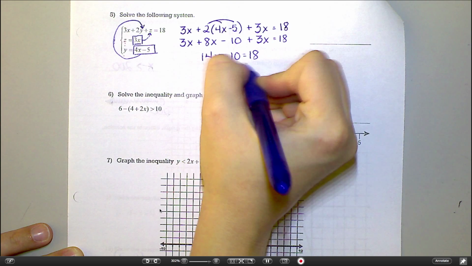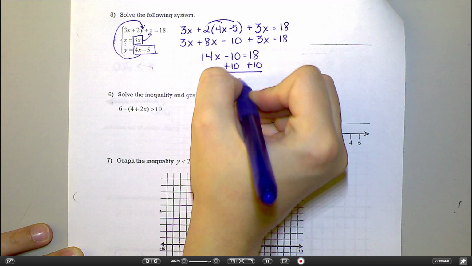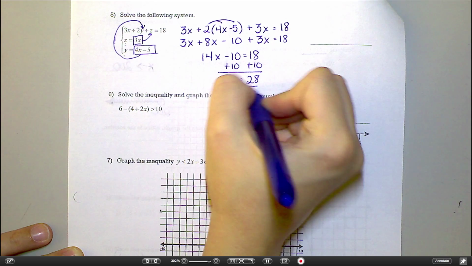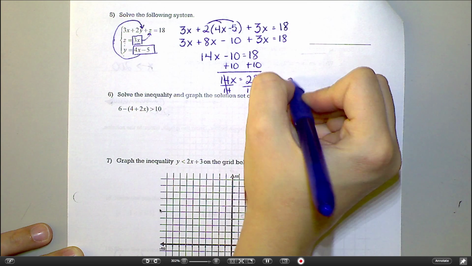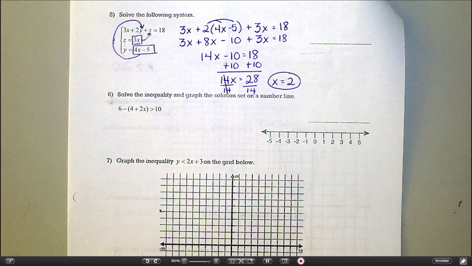Add the 10 on each side. 14x equals 28. Divide by that 14, and x will equal 2. Okay, now for this one we also need to go back to find not only y, but z. We need to find y and z.